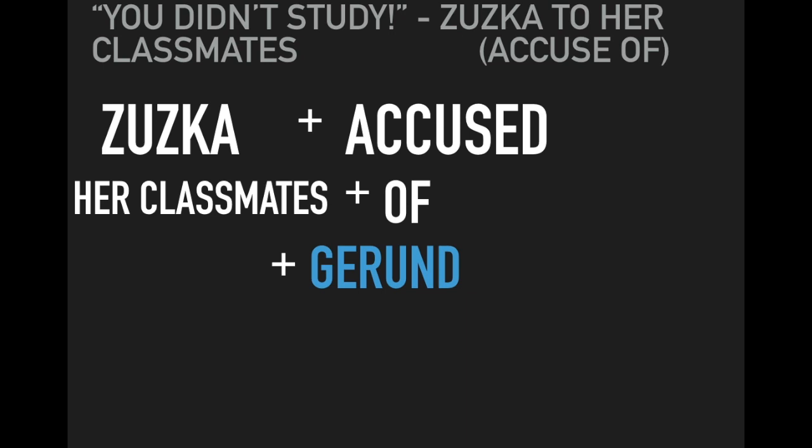Now, in this case, we have a negative sentence. So, we kind of need to work with it a little differently. The verb is study, but she's telling them that they didn't study. So what we're going to do is we're going to put not there, and then we're going to make study into the ing form. So, Zuzka accused her classmates of not studying.